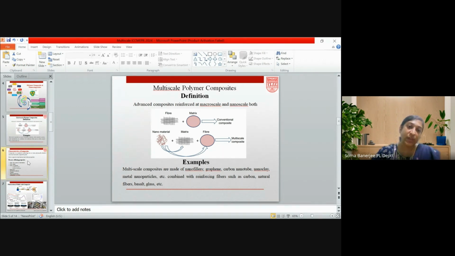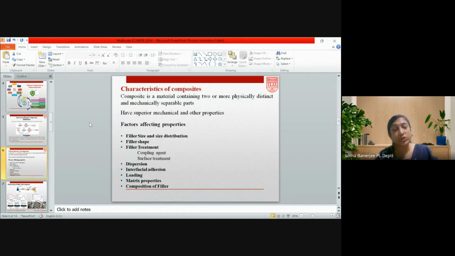So with this, we now come to the characteristics of multi-scale composites. The question is why people are working on them nowadays, and why these multi-scale composites are becoming better than normal conventional composites. The properties of a composite material depend on various factors.